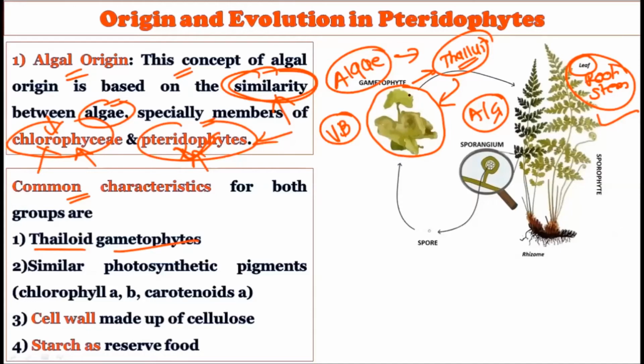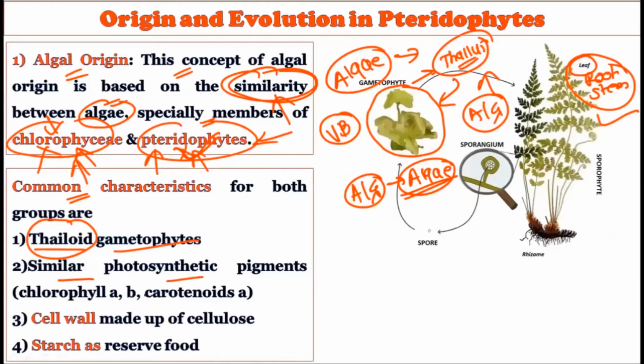Only a thallus is there, and the antheridium and archegonium are borne on this thallus. Same is true for the algae as well. When you study the alternation of generation for the algae, the gametophyte also shows a thalloid plant body. So the gametophyte of the pteridophyte and of the algae both show a thalloid gametophyte.